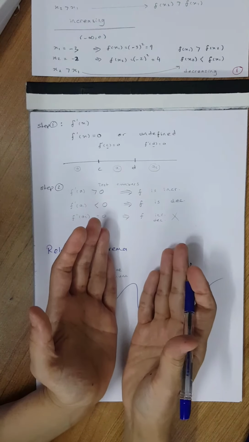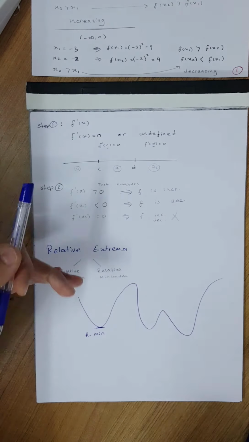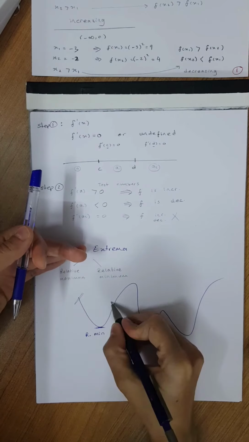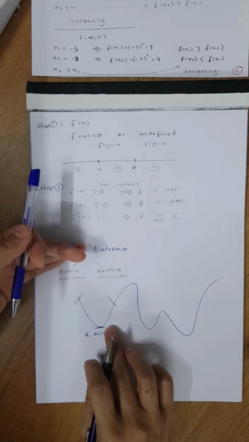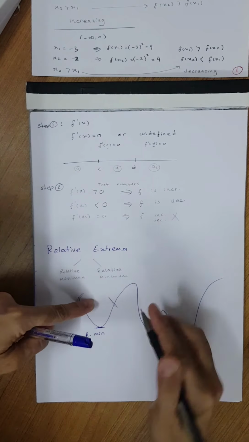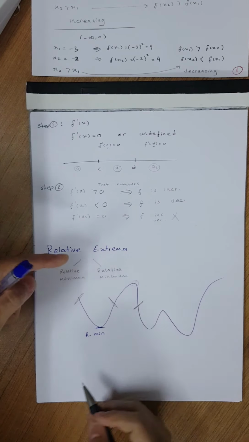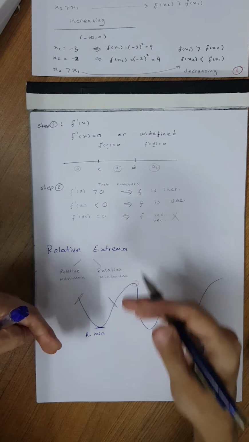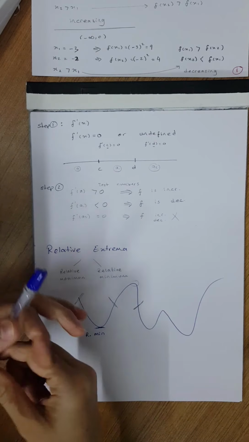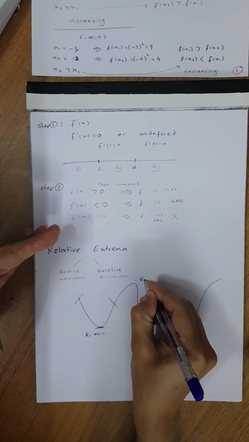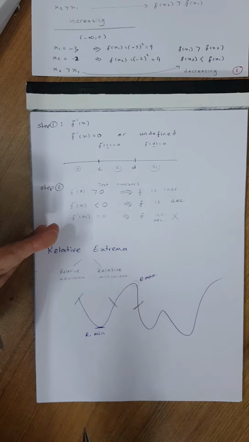Now I'm coming to that interval. I took from here to here, I got that relative minimum. Now I will take from here to there. If you look at that point, is it a maximum point or a minimum point? Of course, it's a maximum point, so that one is relative maximum.